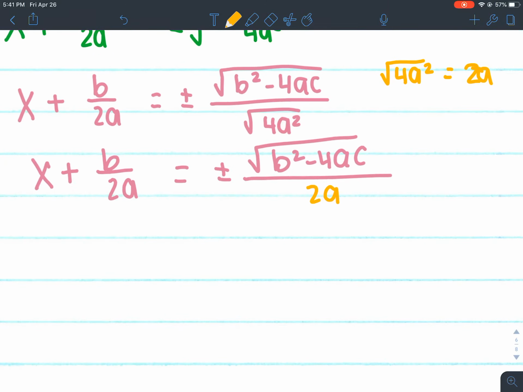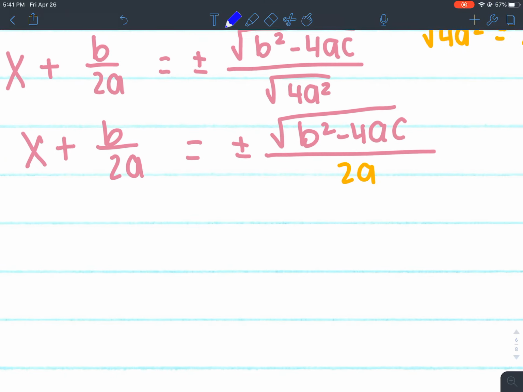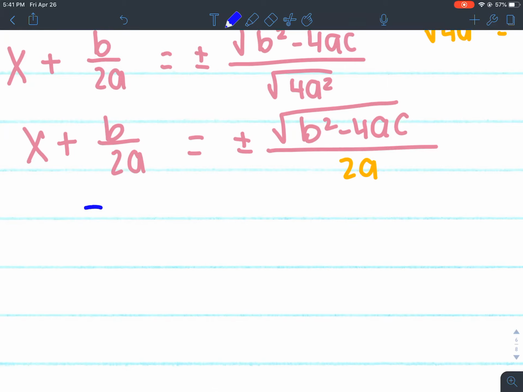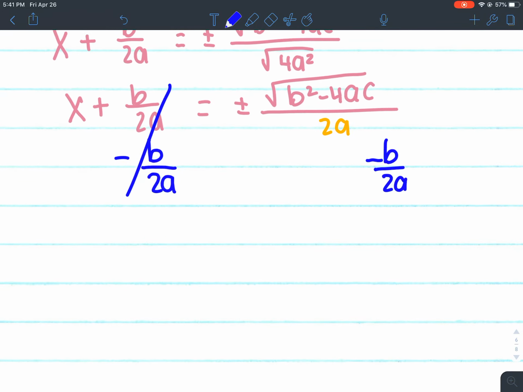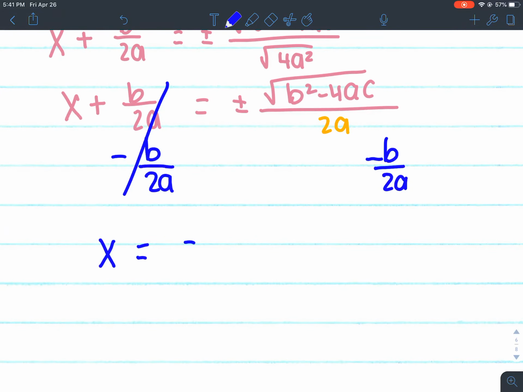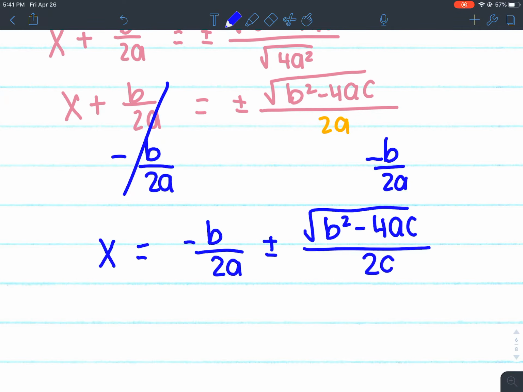Okay, so things are starting to look very familiar, hopefully. And then the last thing I need to do is get x by itself, so I'm going to subtract b over 2a on both sides. Now remember, when I subtract, I like to keep it in the front, so I'm going to put that in the front, negative b over 2a, and then I have plus or minus the square root of b squared minus 4ac all over 2a.